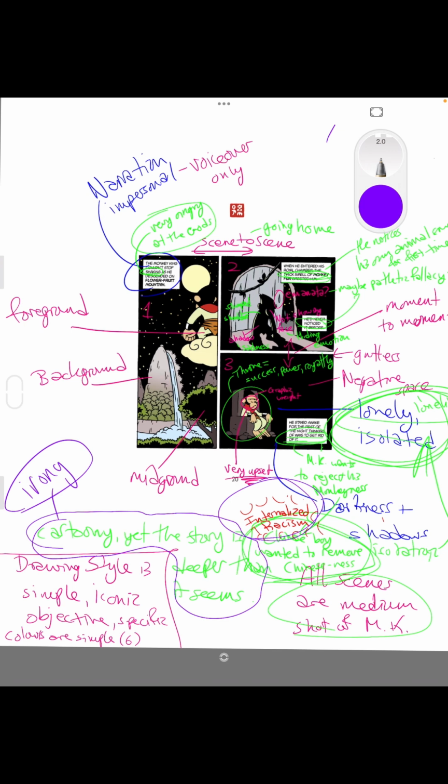And this leads us to the last step, which is global understanding. Why? What is the purpose of this story? What is the purpose of these particular panels? How does it relate to the rest of the story?